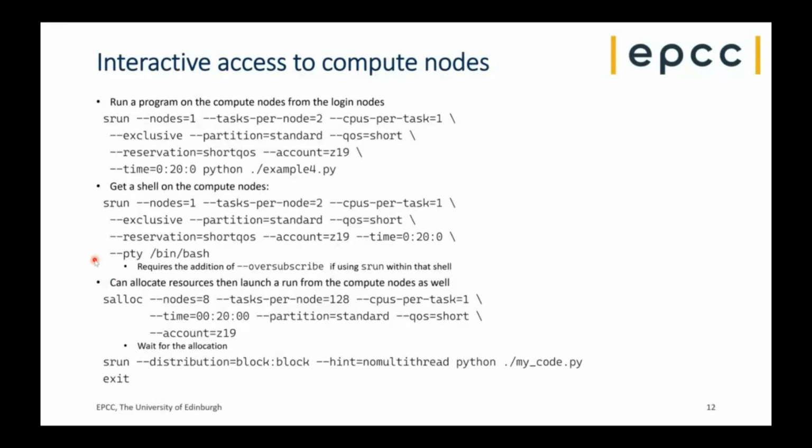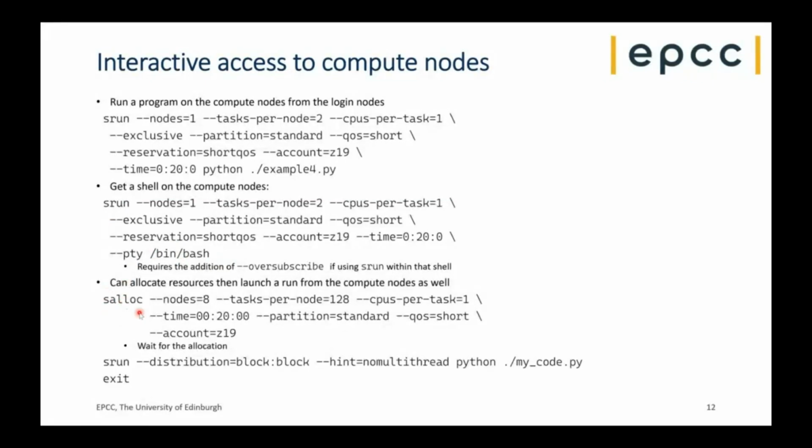This is a single srun command which can get you to run an application directly on a compute node from the login nodes, or a single srun command which gets you a bash shell, which you can interact with on the compute nodes directly.